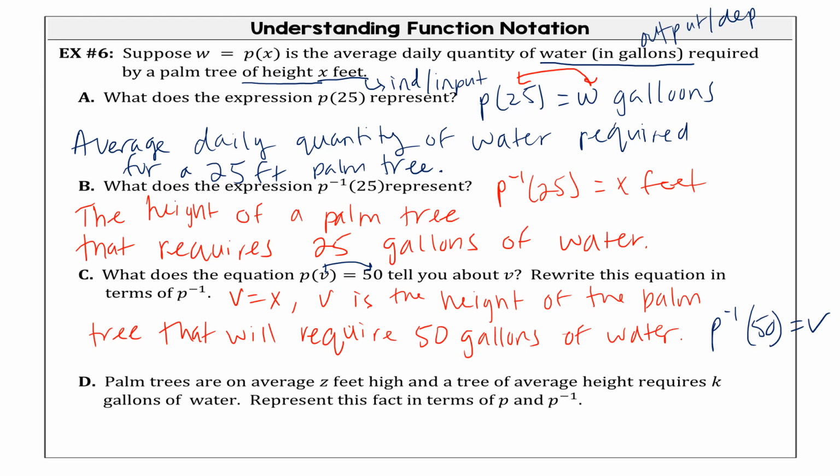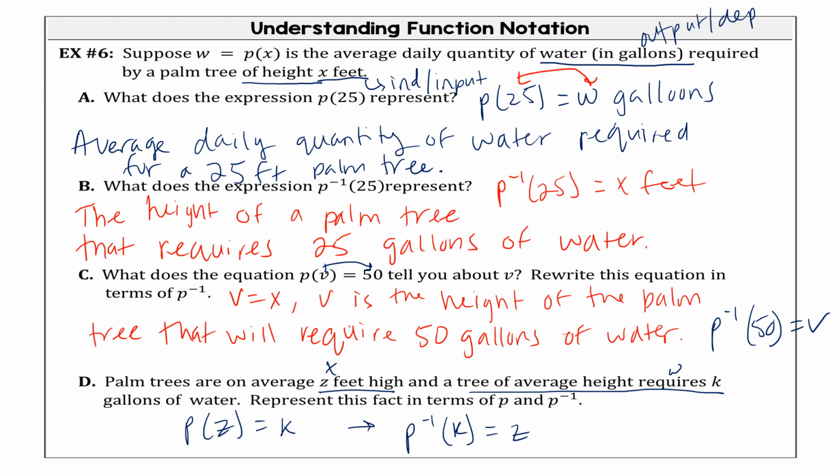All you're doing is substituting in new values. So this is your new X, this is your new W. So P of Z equals K, and therefore the inverse of P would be K equals Z. It's just being able to toggle between the two and using the words.